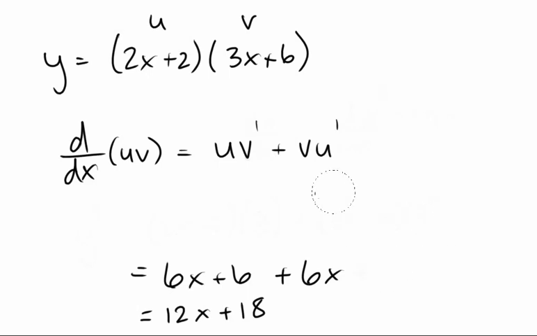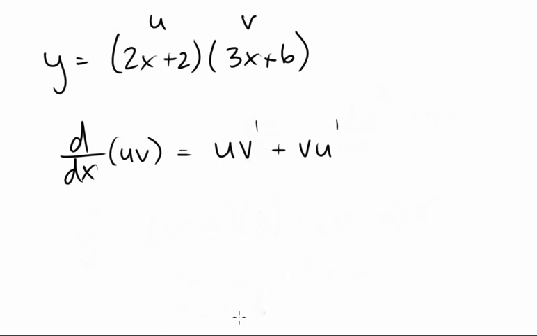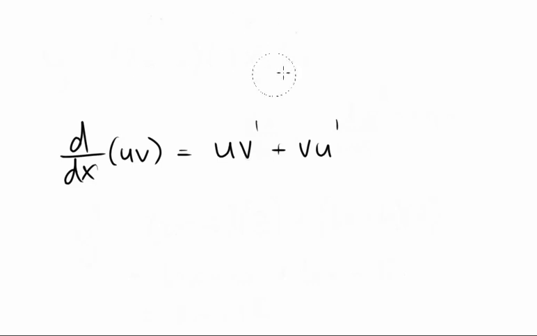It is just the product rule, but it's a special case. So let's go back to 2x. It means u is 2 and v is x, so we're going to use this to find the derivative of that.